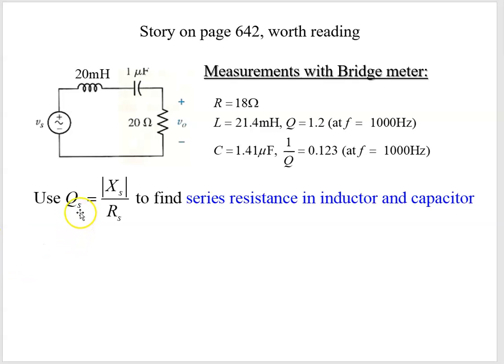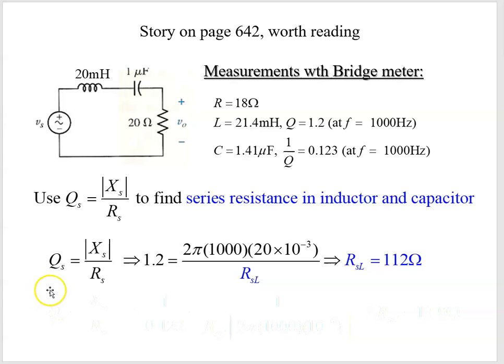So if we use our formula for our quality factor for a series circuit, that's the magnitude of the series reactance divided by the resistance, then we can find the series resistance for our inductor and our capacitor that are associated with their capacitance and inductance to quantify the losses there. So for our inductor, that's going to be 2 pi 1000, that's omega naught, times our L, 20 times 10 to the negative 3, divided by the series resistance, and we get that to be 112 ohms.